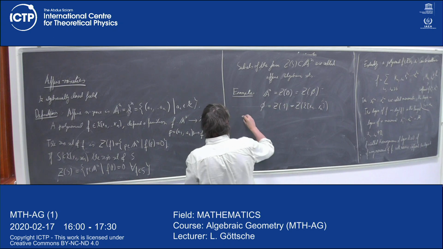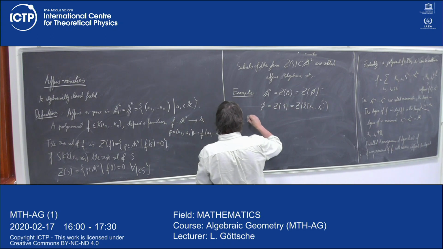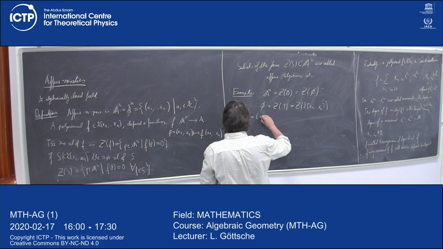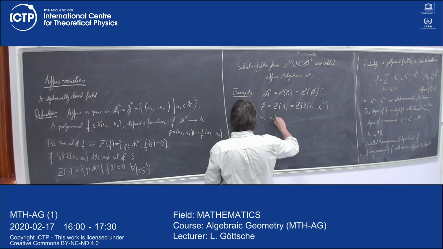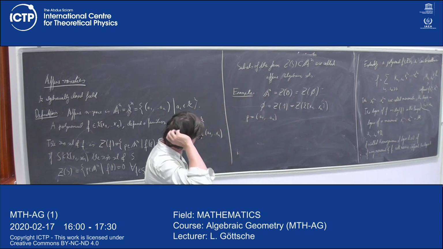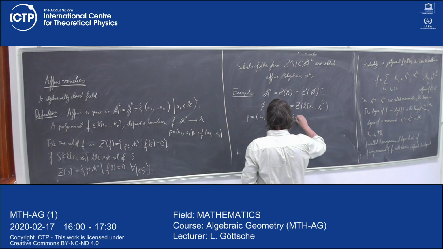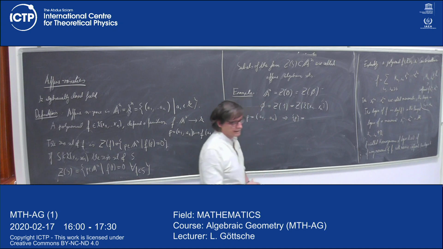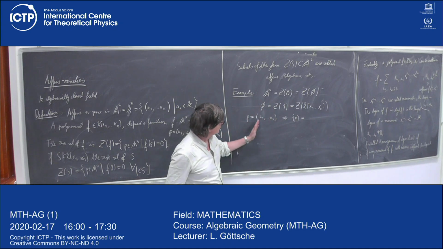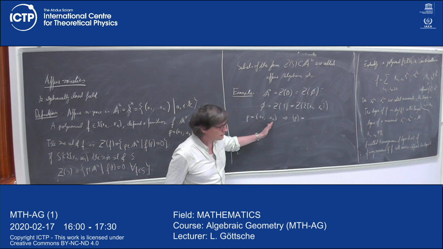If we take a point, so P equals (a1, ..., an), if we have a point like this, then it follows that the set {P} is also an affine algebraic set. Namely, I just have to say that each coordinate is equal to this.